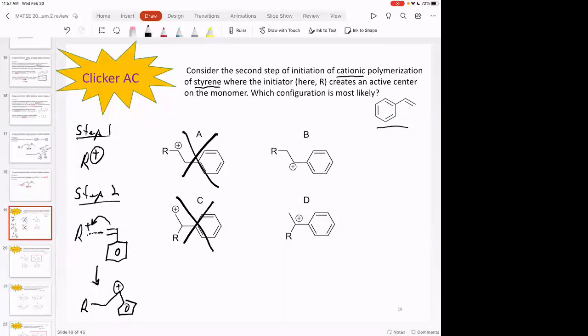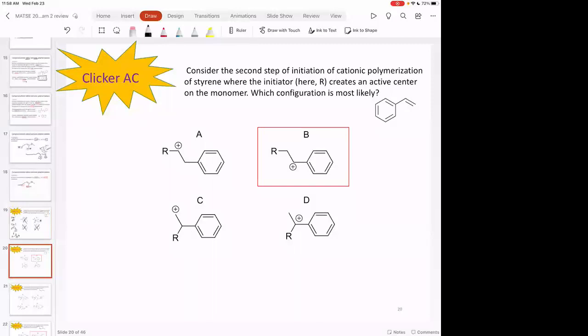This thing looks a little bit funny. I'm not sure what's going on with D. And so it turns out that this structure is exactly the same as this structure. So no matter how I draw it, I can identify that the growing chain end is on the head, and the initiator attacked the tail of styrene, because remember, this is the head, this is the tail, and it looks like that. So B is the correct answer.